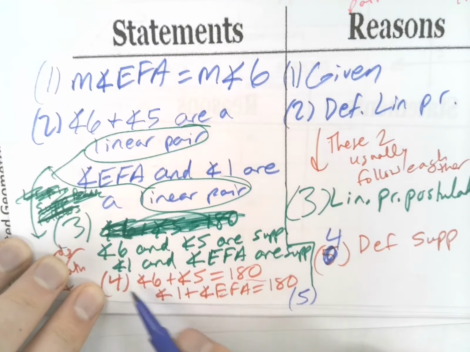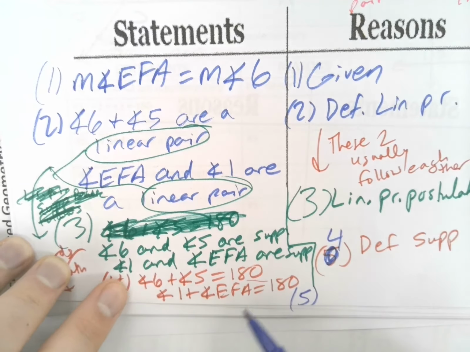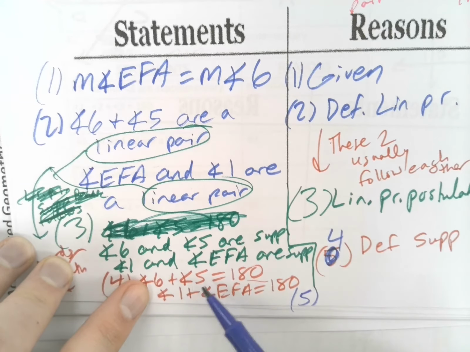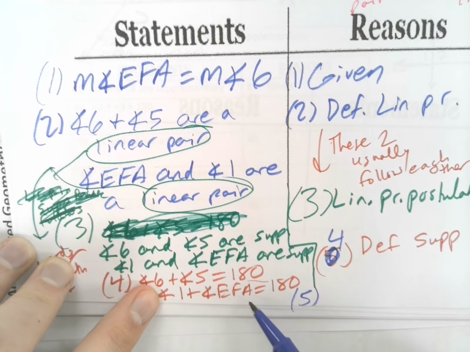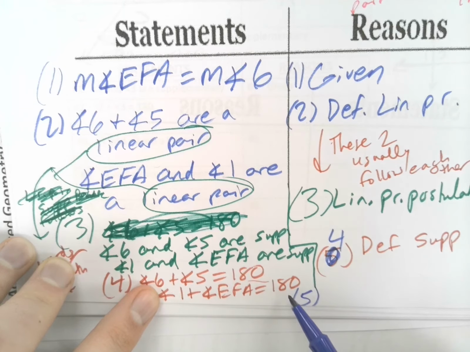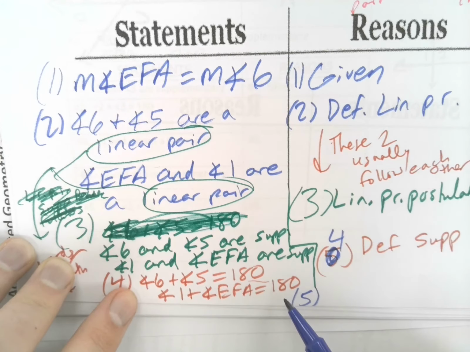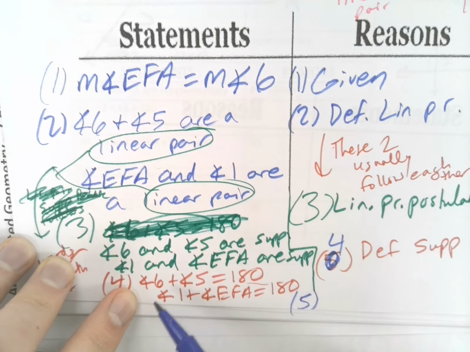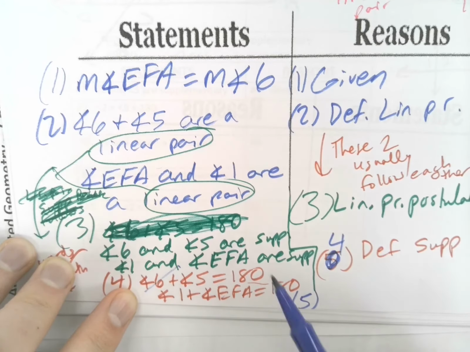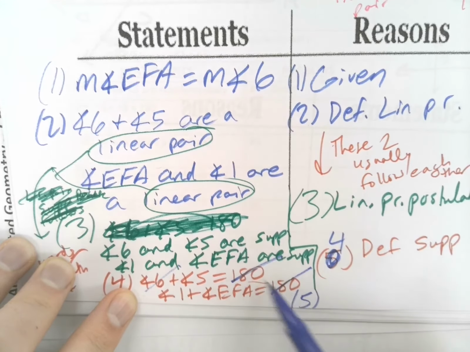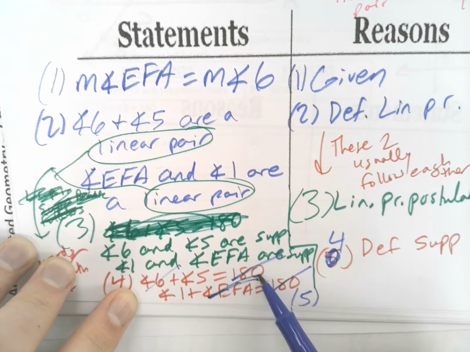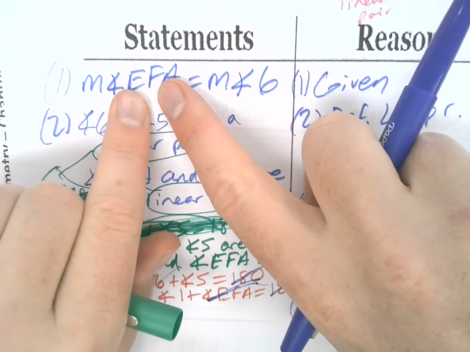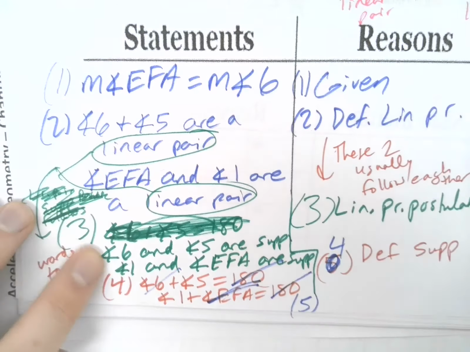We know for option 5 here, think about it. If angle 6 plus angle 5 is 180, and angle 1 plus angle EFA is 180, then by the transitive property, we can cut out 6, we can cut out these 180s, they repeat, and we can cut out EFA, because we were told at the beginning, EFA is really just angle 6.